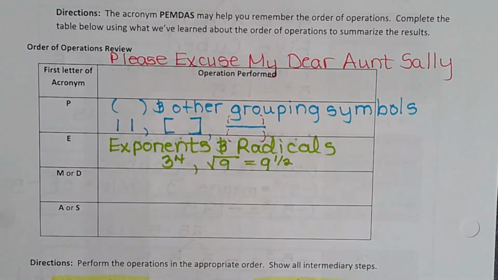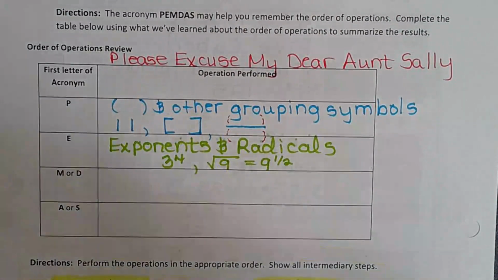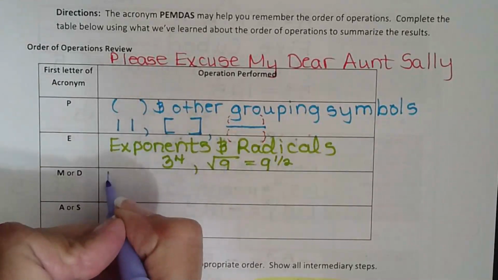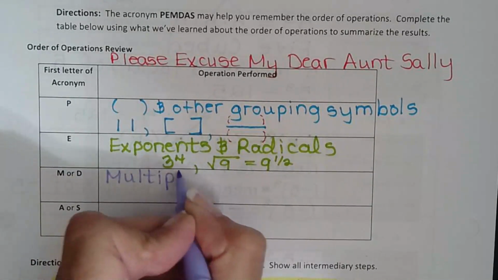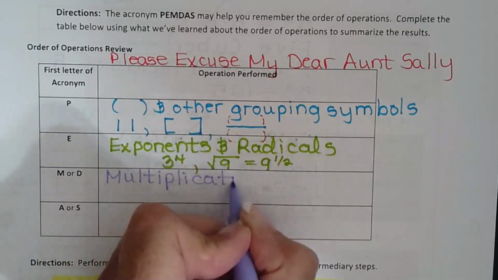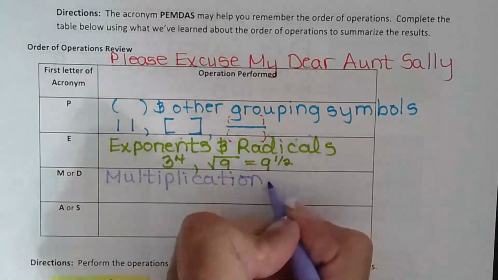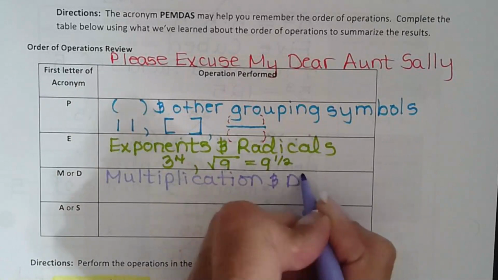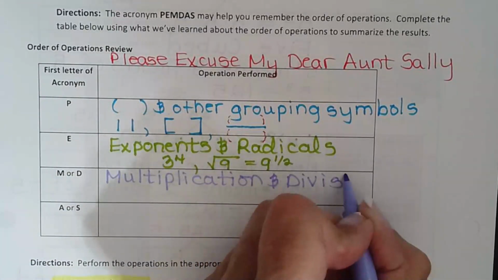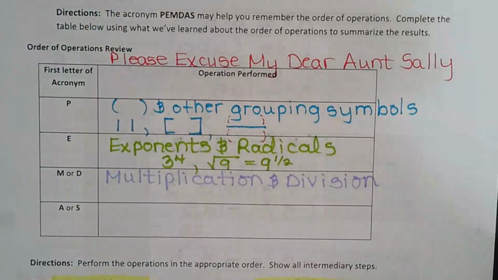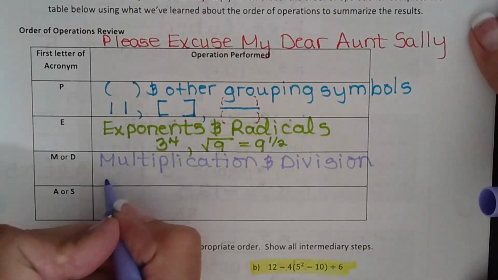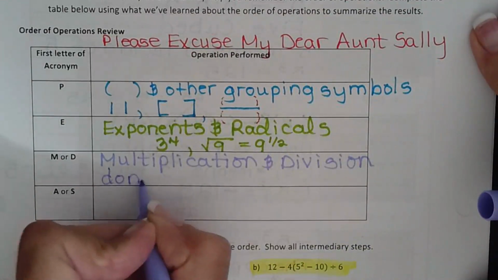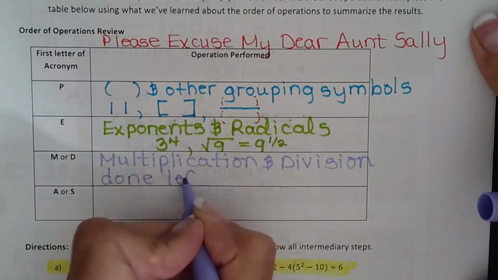And then multiplication and division done left to right. So one does not take precedence over the other. We simply go left to right.